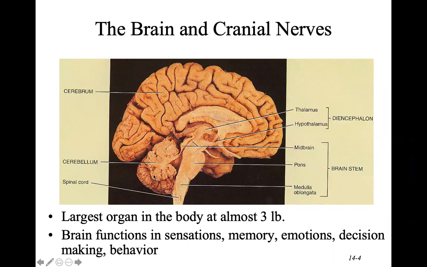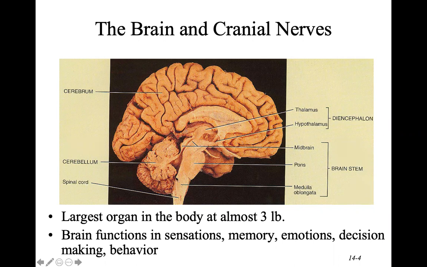Your cerebellum back here is balance and coordination, being able to take your finger and touch it to the tip of your nose with your eyes closed. When I tested one of my patients on this the other day and I said, close your eyes and touch your pointer finger to your nose, it looked like this, like that. That's a cerebellar problem. It's a cerebellar lesion.